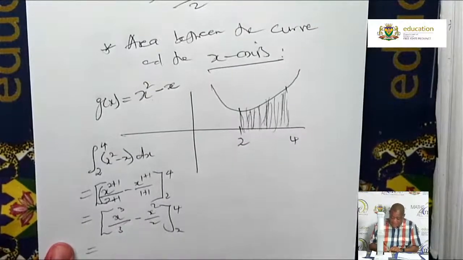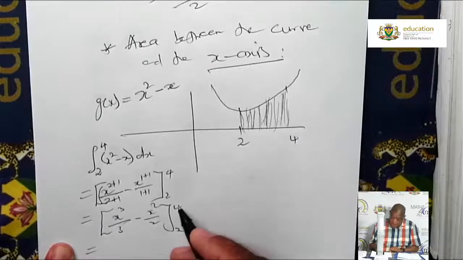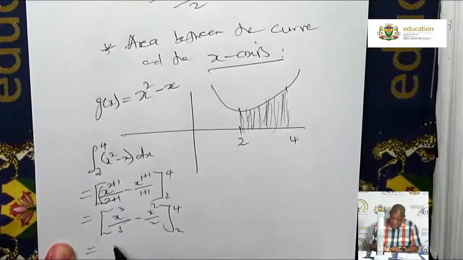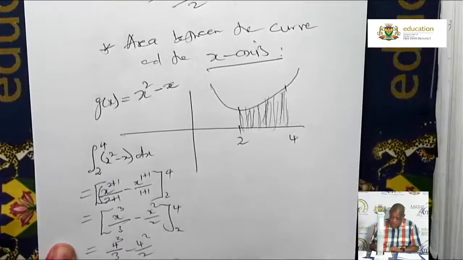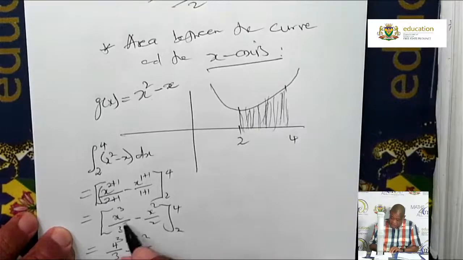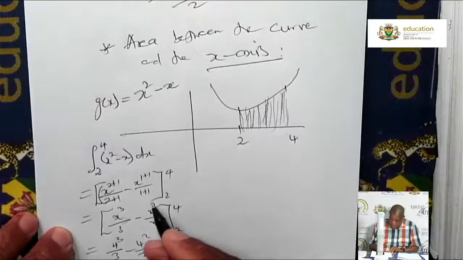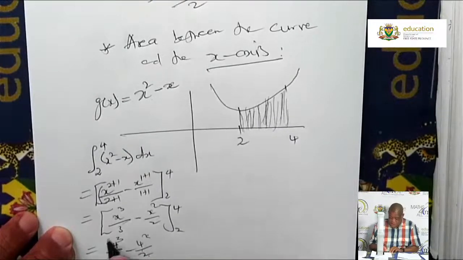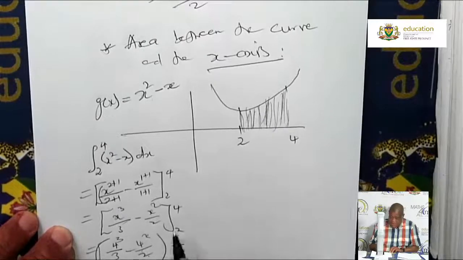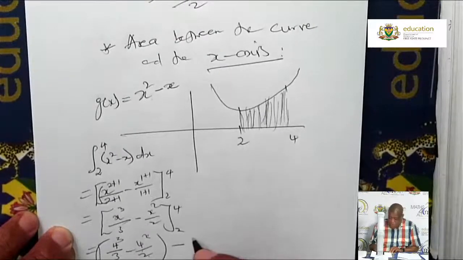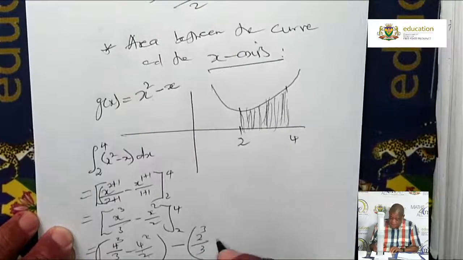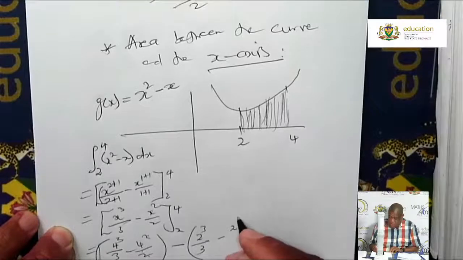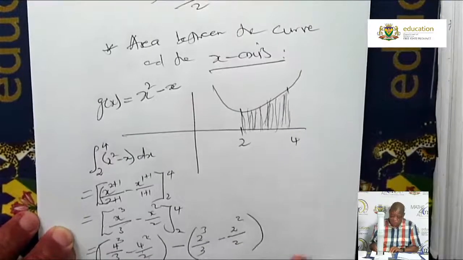From there, you will now have to substitute the upper limit, have it as 4 to power 3 over 3 minus 4 squared over 2, subtract when you substitute the lower limit, which is 2 to power 3 over 3 minus 2 squared over 2, like that.